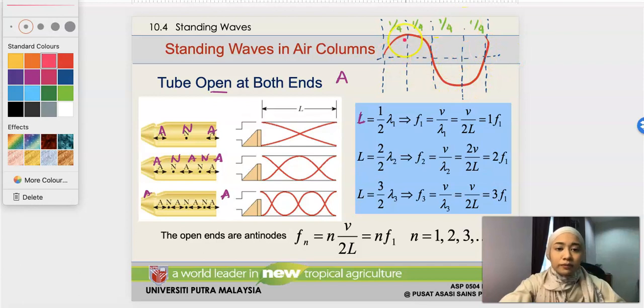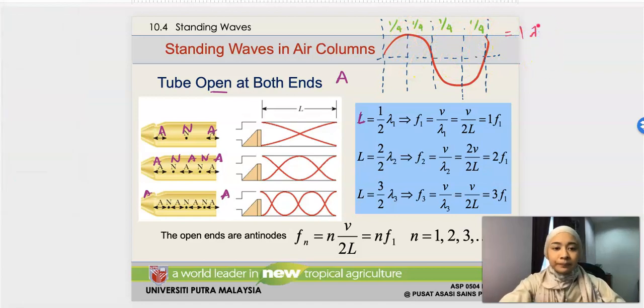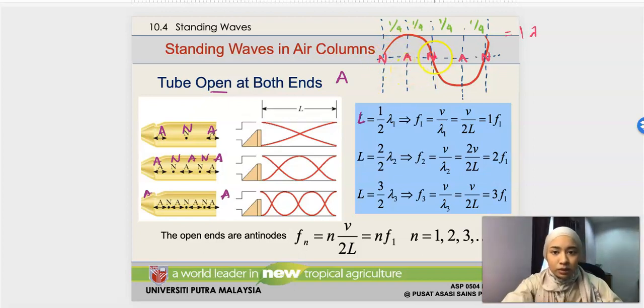This whole thing is one wavelength, and 1 over 4 is this much. 1 over 4, 1 over 4, 1 over 4, 1 over 4 equals 1 wavelength. If I label the nodes and antinodes, I have N, A, N, A. Node is where the displacement is 0, antinode is where it can fluctuate from the maximum to the minimum. Node is when it's 0 again, so you have NA and AN. So 1 over 4 of a wavelength is NA or AN.